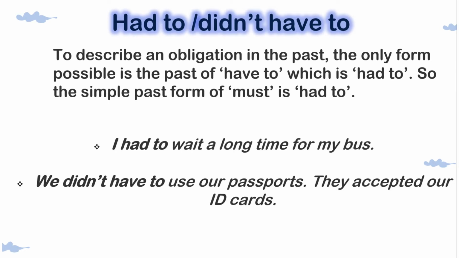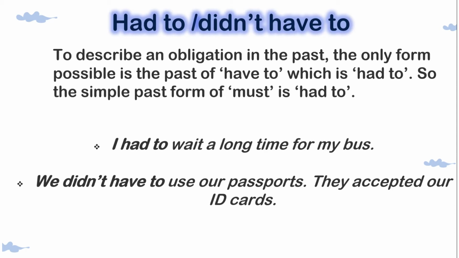Let's see some examples. I had to wait a long time for my bus. So there's an obligation, had to wait. So here you have the subject, had to, the verb in the base form, and the complement. Then you also have, we didn't have to use our passports.